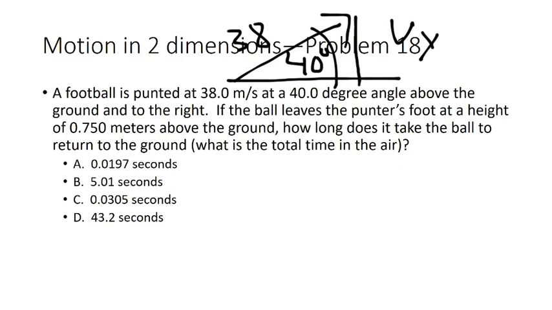To do that, we use sine: the sine of 40 is equal to opposite Vy over hypotenuse 38. We solve that for Vy, so Vy is the sine of 40 times 38, and we end up with a vertical component of velocity of about 24.4.